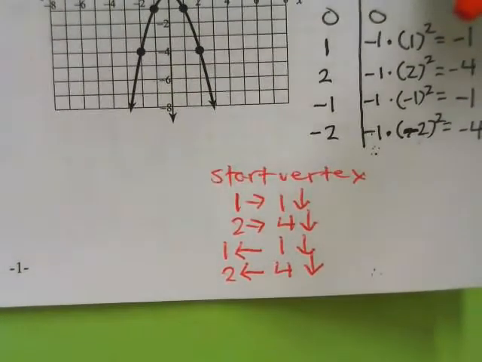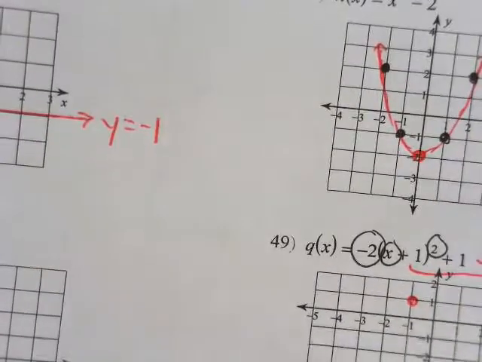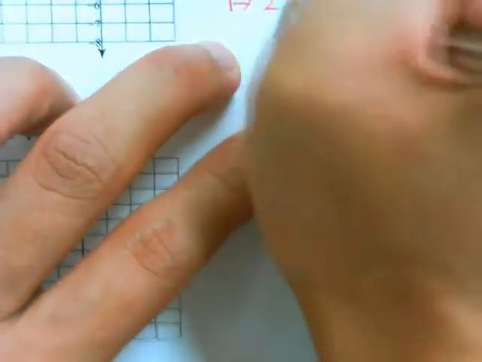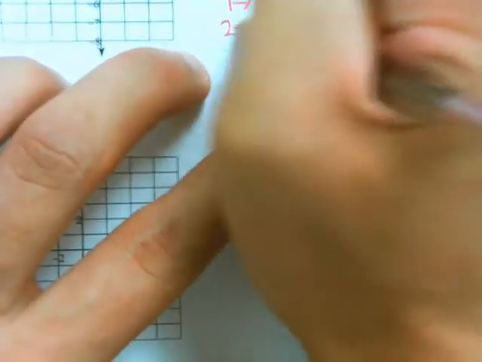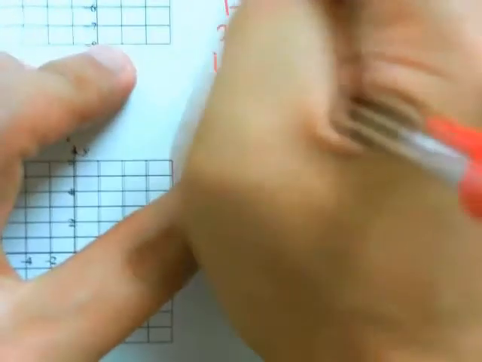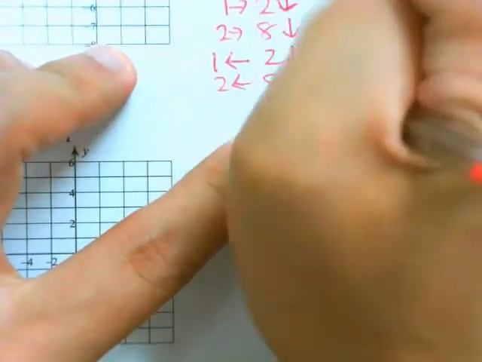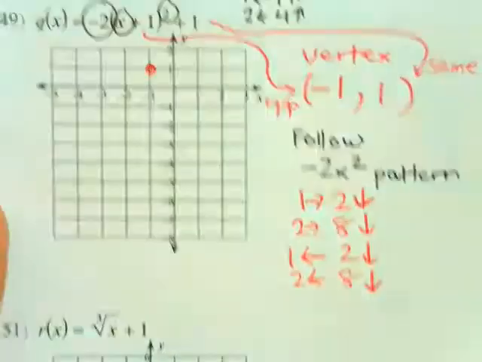Oh, sorry, I looked at the wrong one. It should be the 8s, okay? 1, 2, 2, 8. 1 to the right, 2 down, 2 to the right, 8 down, 1 to the left, 2 down, 2 to the left, 8 down. So just follow that starting from the vertex, and let's do it.